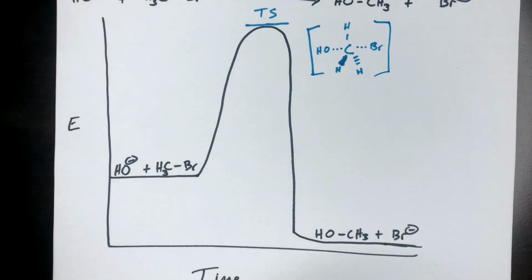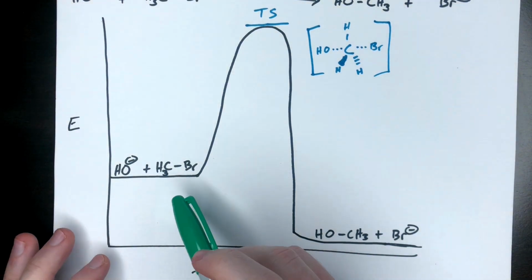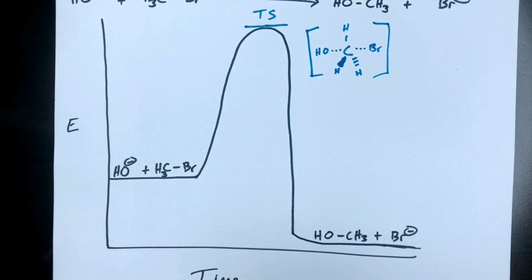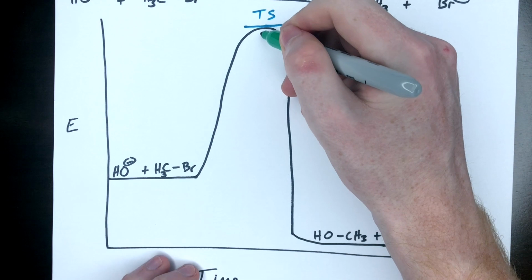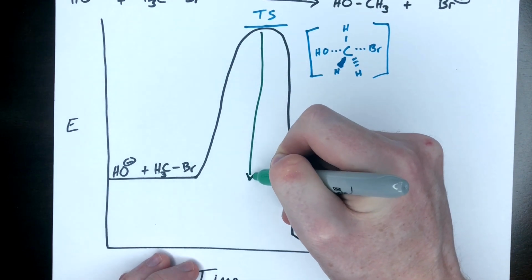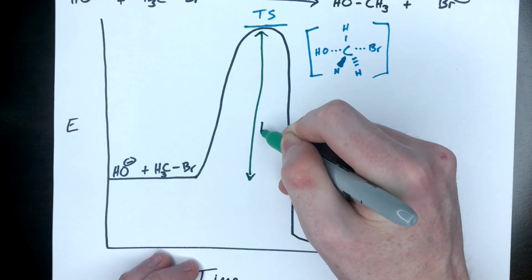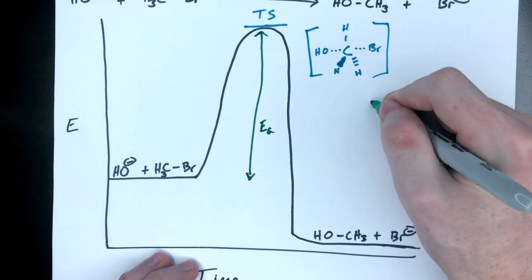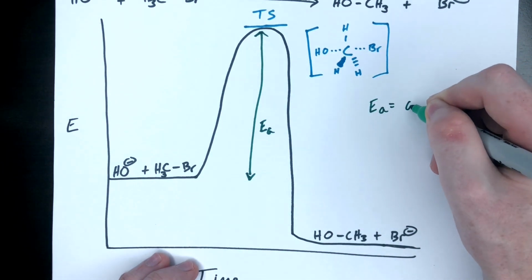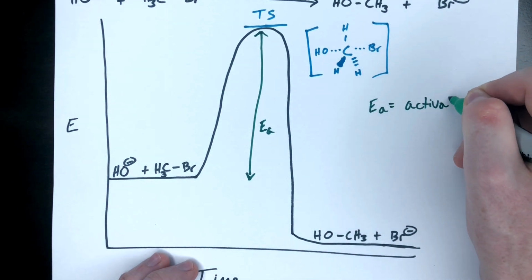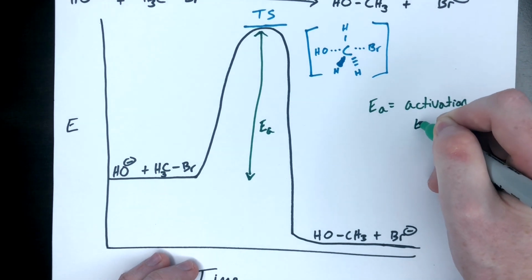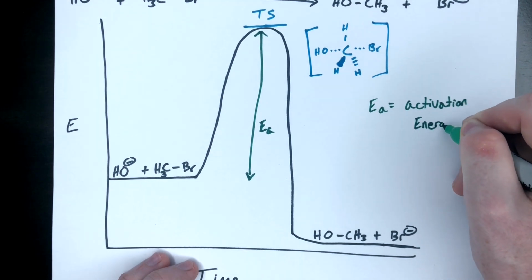And like I mentioned, there's an energy requirement from the reactants to the transition state, and this is known as the activation energy, this difference here, and we call that EA. EA is the activation energy, and this is the energy required to initiate a new reaction.